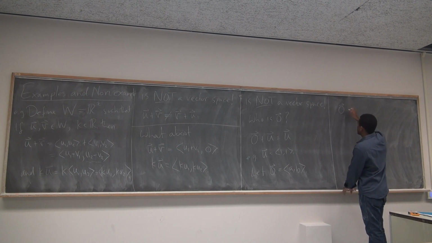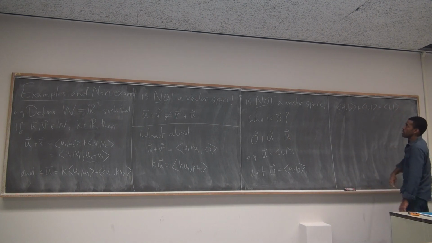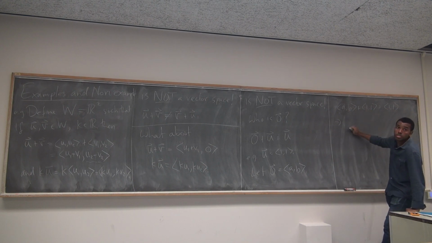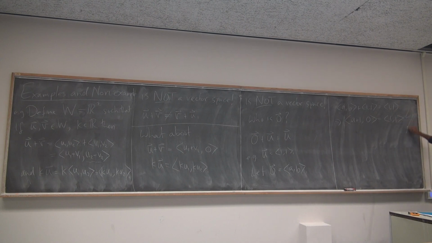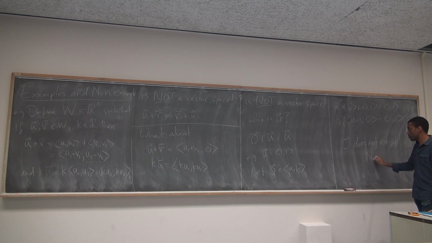If I take AB plus 1, 1, I want to get back 1, 1. But according to this rule that I just defined for addition, this plus this would be A plus 1, comma 0. Now that's a contradiction. That's never going to be true. So 0 does not exist here. Not a vector space.